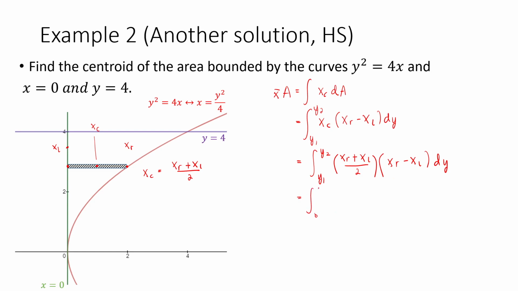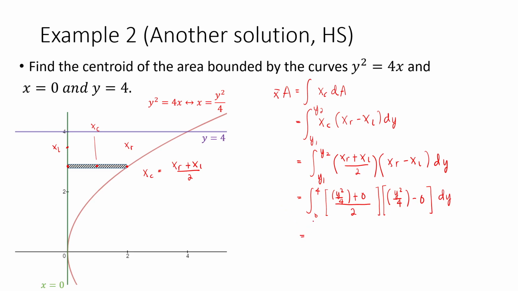So from 0 to 4, x right is the red graph, y squared over 4, plus 0, all over 2, and then x right is y squared over 4 minus 0. Notice that I'm using brackets and parentheses to mark these variables so that I can trace them later on.